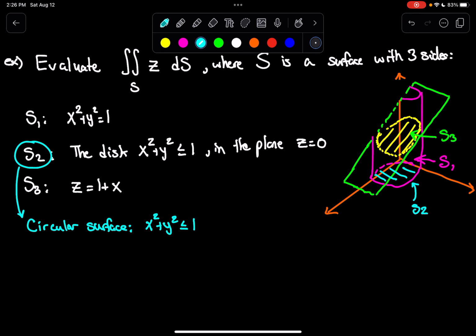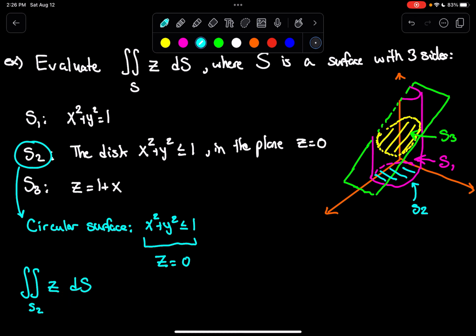So how do we go about doing this? Well, this part of our surface integral is actually going to be the easiest, because on this entire shape, what property does this have? This is on the plane z is equal to 0, and we're doing a surface integral of our function, which is z dS.